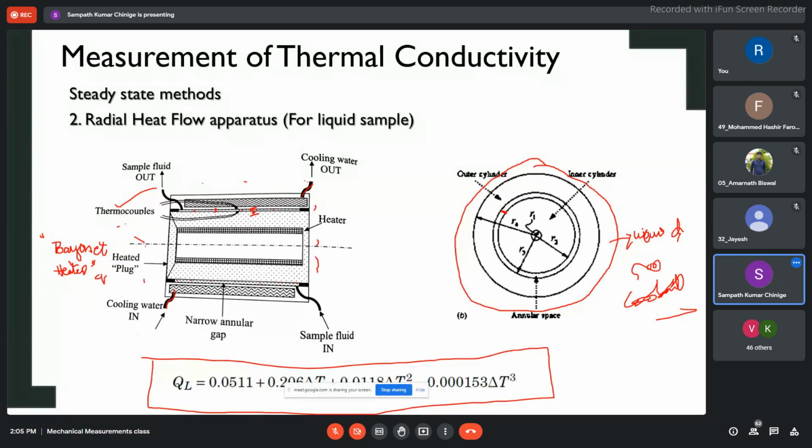Then you will try to measure the thermal conductivity of this air, because for air at different temperatures it is well documented what the thermal conductivity of air is, we all know. So we know the dT by dx across this gap when air is kept over here. So you know the actual heat flux which is transferring to the air.